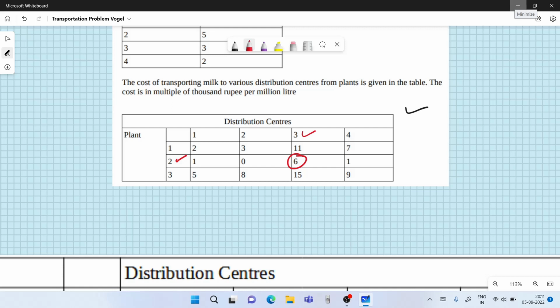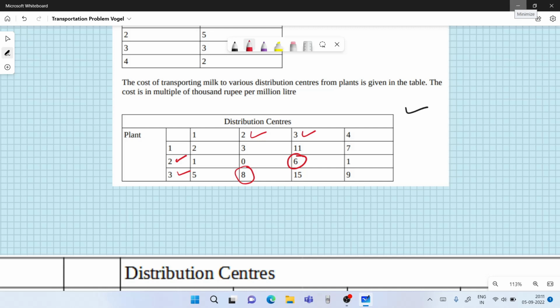Let's say if I want to distribute milk from plant number 3 to distribution center number 2, it's going to cost me 8,000 rupees for a million liter. And all other entries have the same meaning.